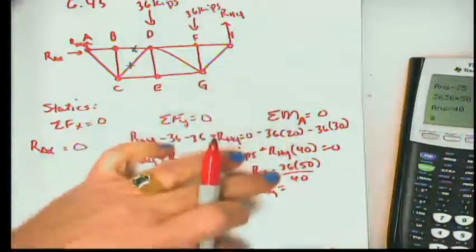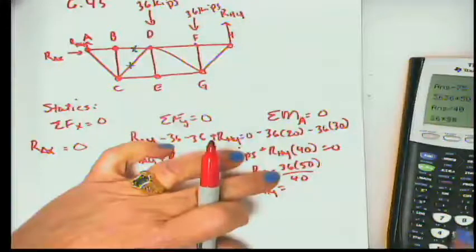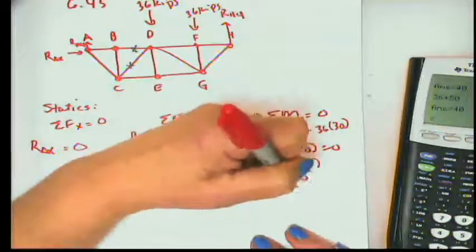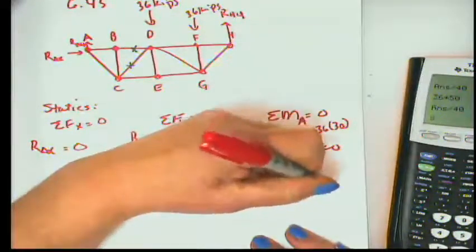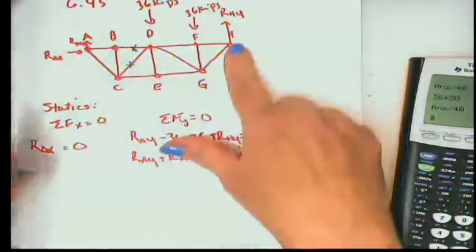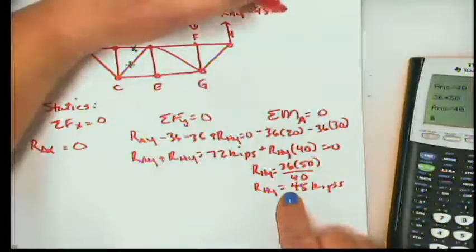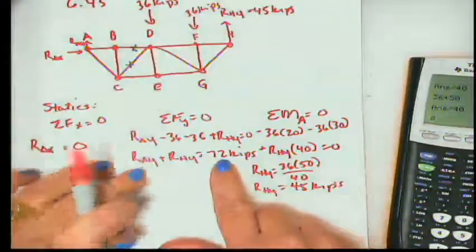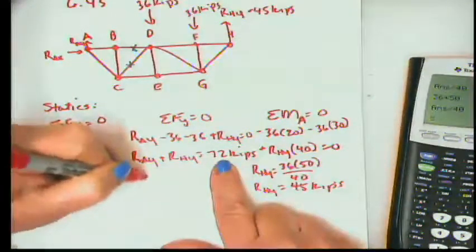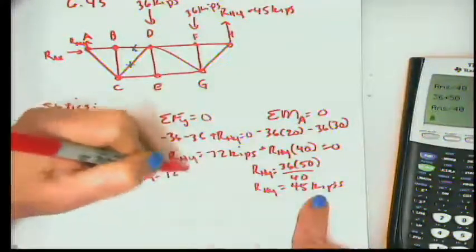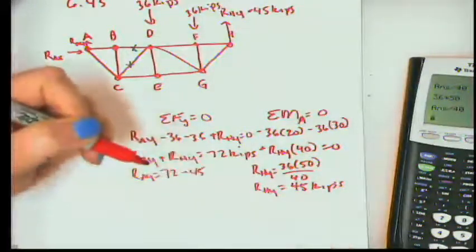All right. So if I take 36 and multiply it by 50, 20 plus 30 is 50, that's 1,800. And if I divide that number by 40, I get 45. So the reaction RHY turns out to be 45 kips. And then if I go back here, I can then say RAY equals 72 kips minus RHY, which is 45.